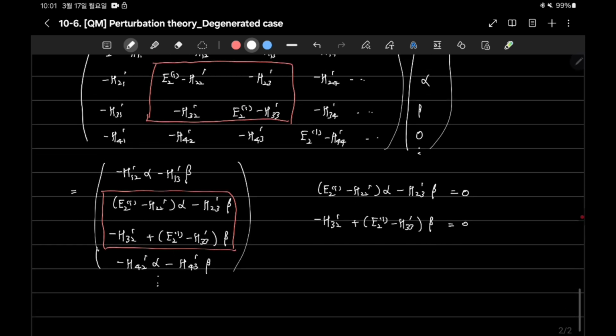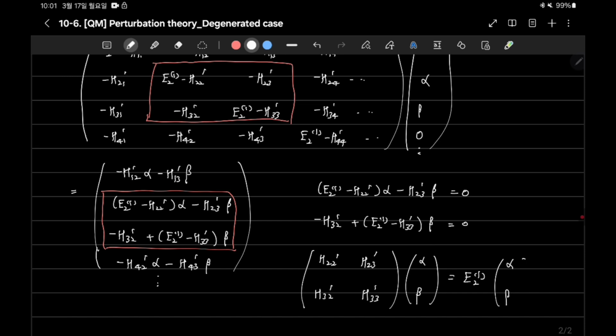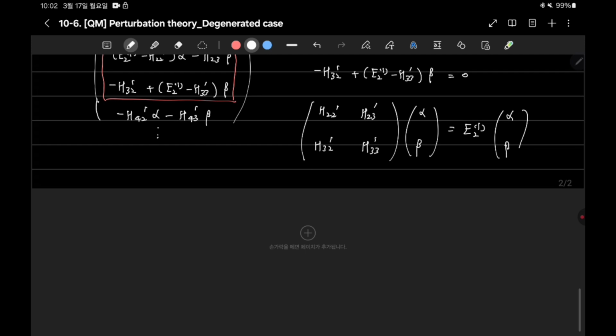It means that when we make this a matrix, we can say H22 prime, H23 prime, H32 prime, H33 prime, times alpha, beta, equals E2 first order times alpha, beta. It is the energy equation for degenerate energy.